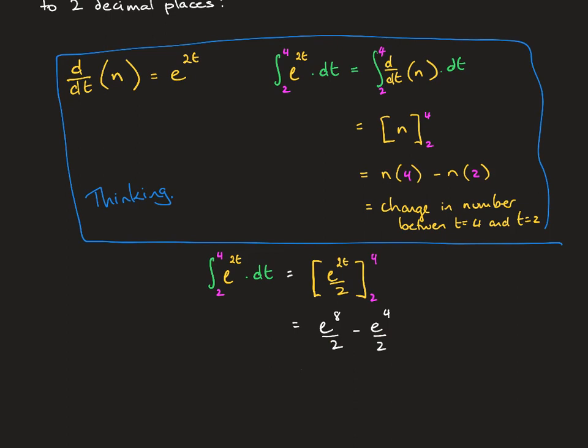You may like to take the common factor of a half out, not important unless they tell you that it needs to be in a particular form. So in the exam, any equivalent form that is correct is acceptable. And then finally, we also had to do the calculation to a particular number of decimal places. So let's just go back and see what that was.